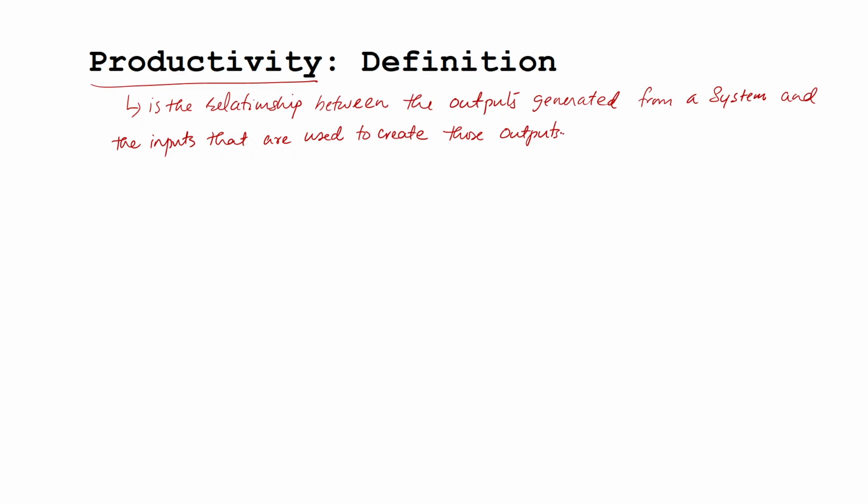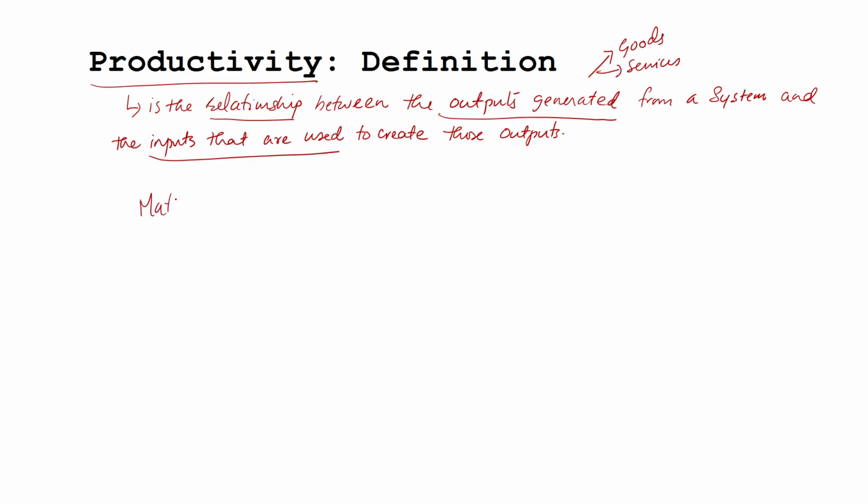Okay. So it is a relationship between whatever outputs you generated. The outputs can be either goods or services. We are not talking about the waste at this point, we will deal with the waste later. So what all inputs did you use to create that output is the relationship between them.